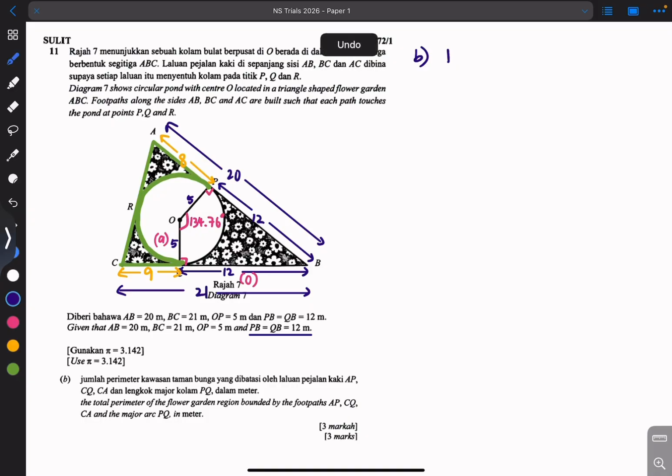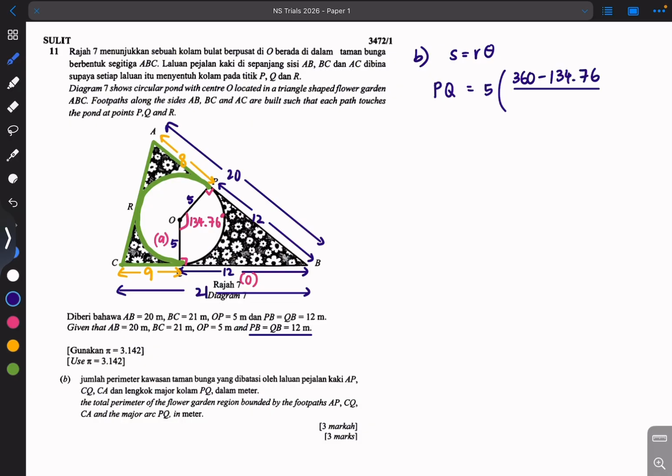We can say S equals r theta. So S is PQ, the major arc, radius is 5. Our theta would be 360 minus 134.76.